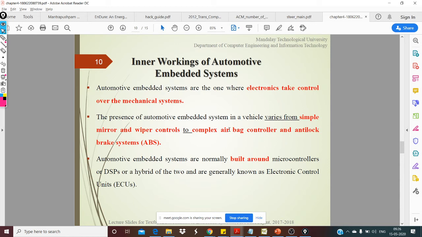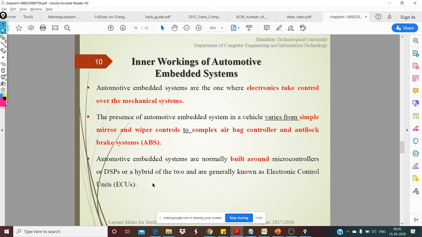These are several controllers acting independent of each other. In very high end cars you also have some kind of central monitor, like a CPU, that monitors all these embedded systems to check whether they are functioning or not. Mostly they are DSPs, or a combination of microcontroller and DSP.